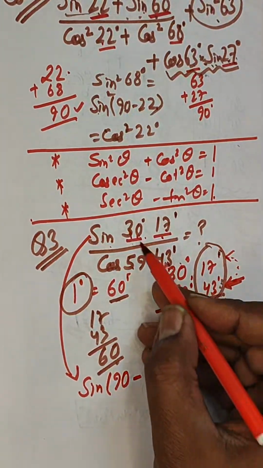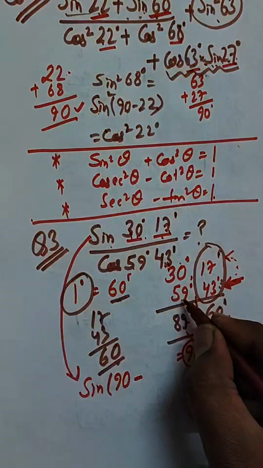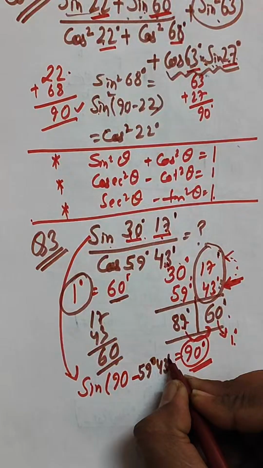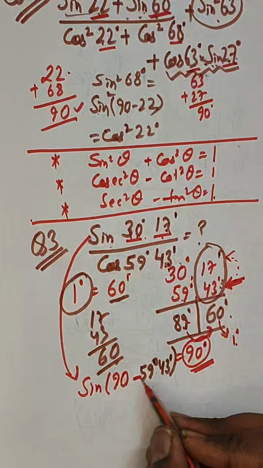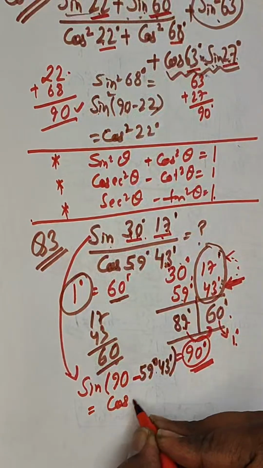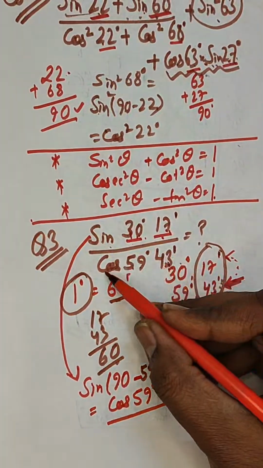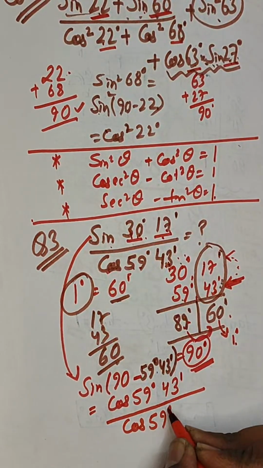Since sine of 90 minus theta is cos theta, this will give you cos of 59 degree 43 minutes, divided by cos of 59 degree 43 minutes, which is already in the denominator.